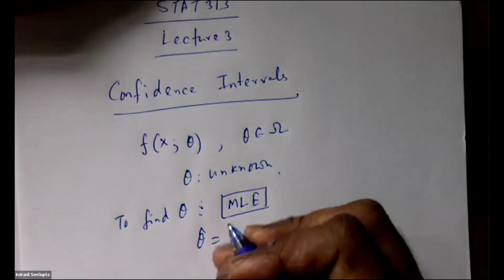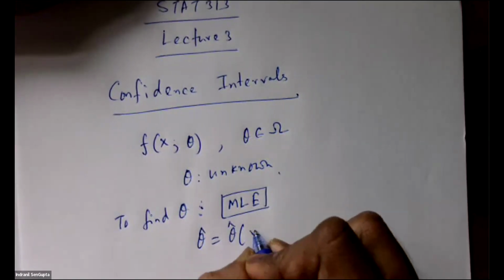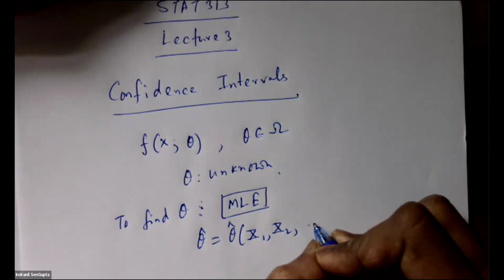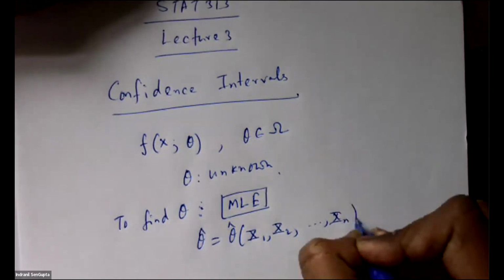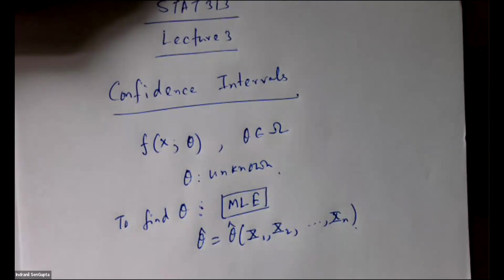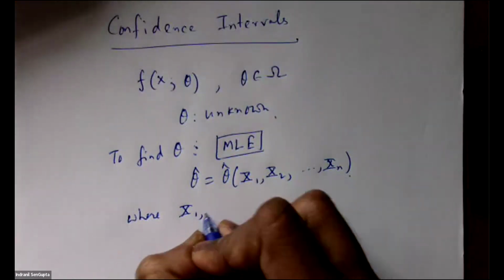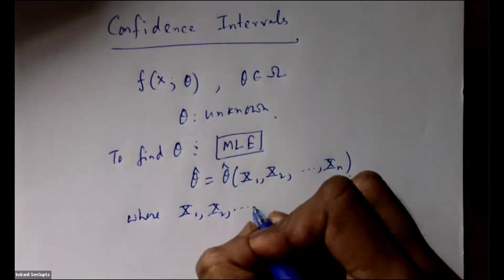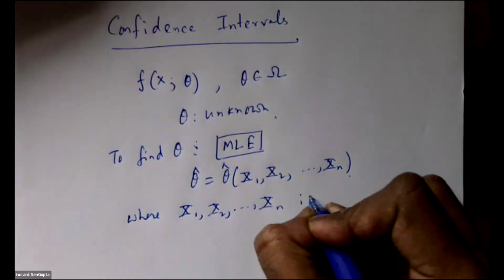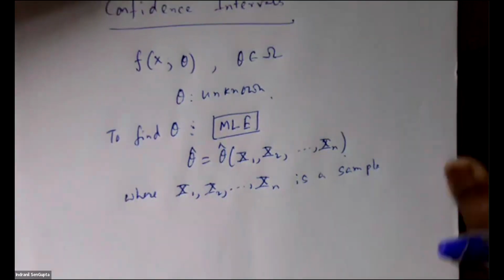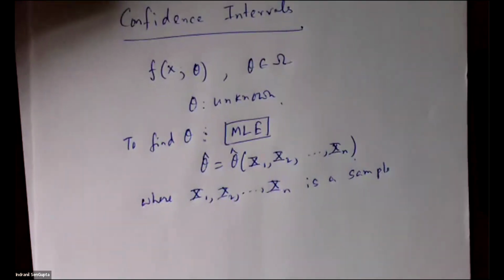It's an estimator, so it's a function of all those sample variables, x1, x2, ..., xn, where this x1, x2, ..., xn is a sample from distribution x.